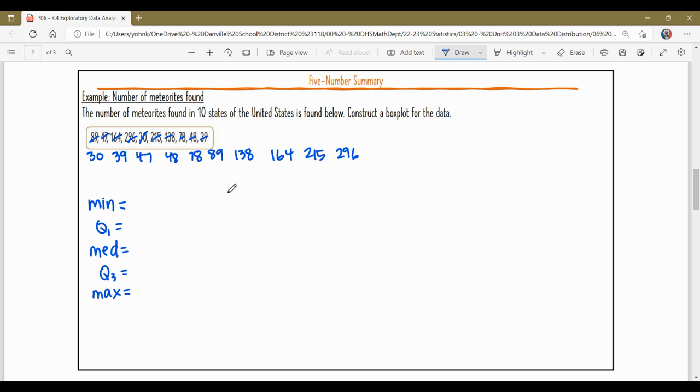Let me count: 1, 2, 3, 4, 5, 6, 7, 8, 9, 10. Perfect, I got 10.